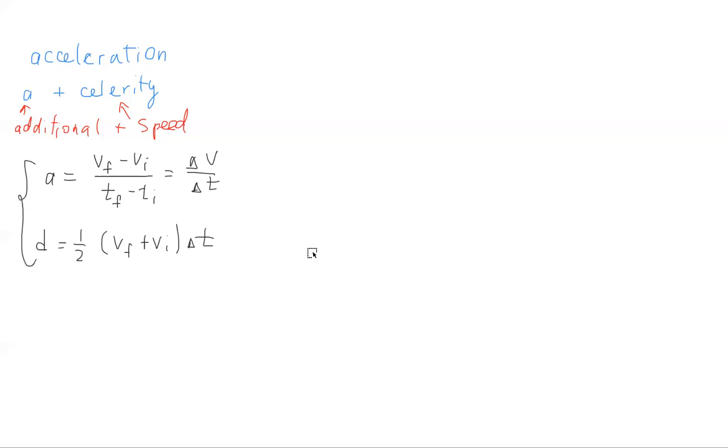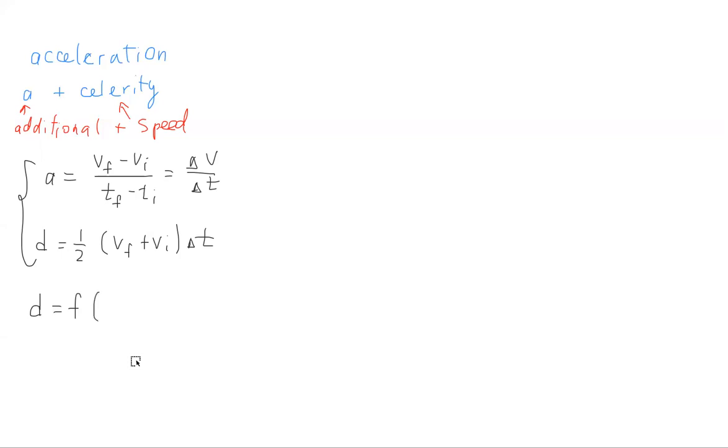So we have a system of two equations from which we want to derive two specific equations. One of them will be D as a function of, all of you are familiar with what a function is, right?